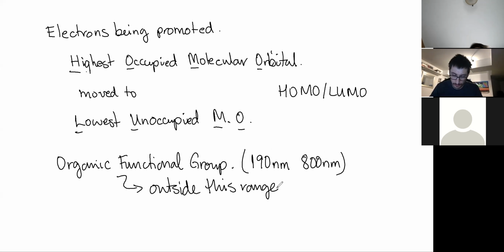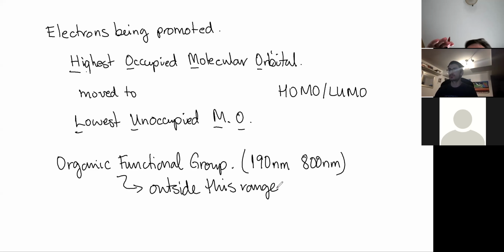So you'll see that with transition metals and a lot of inorganic chemistry, UV-visible is used a lot more than in organic chemistry. But it's part of the electromagnetic spectrum, and so we cover it a little bit.